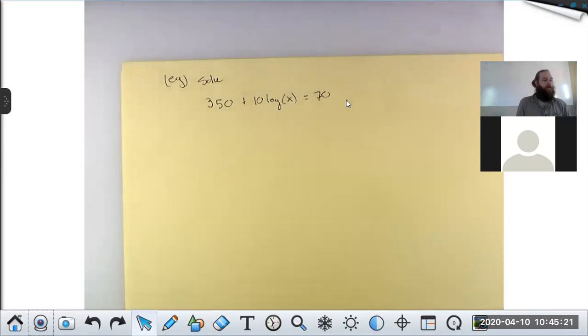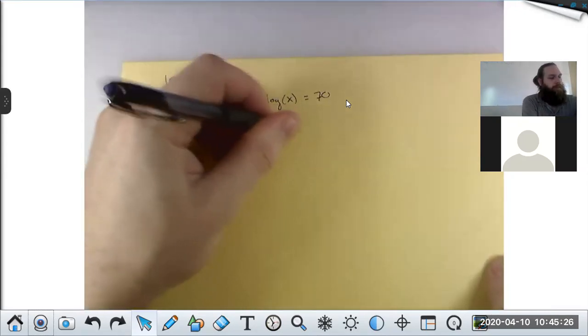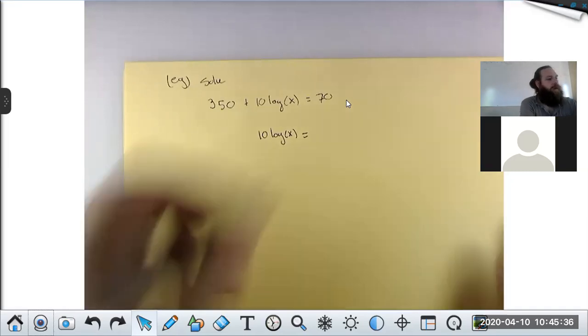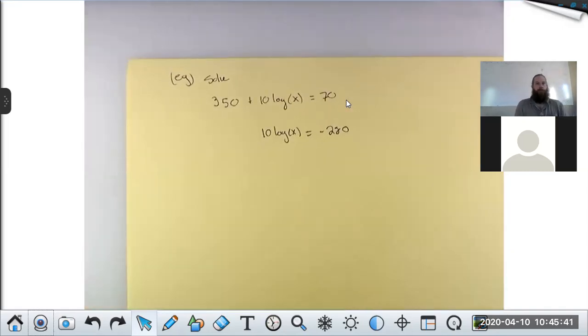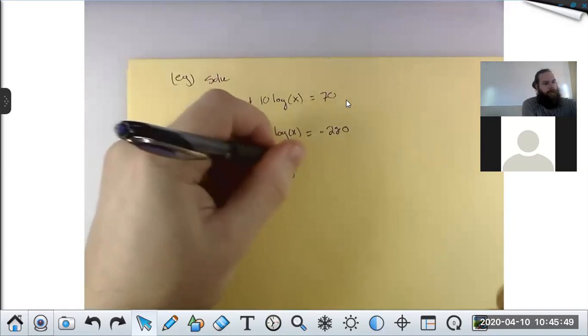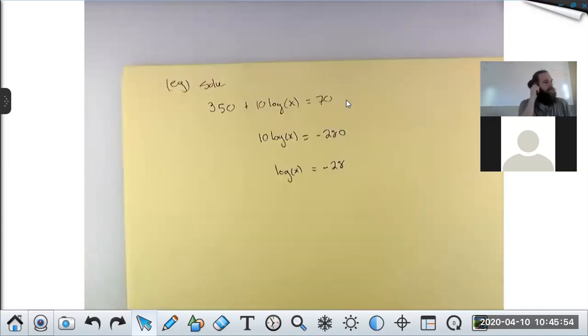So I'd start by subtracting 350 from both sides. 35 minus 7 is 28, so it's negative 280. And then I would divide both sides by 10 to get the log alone. So now I just have the log of x equals a constant. Negative 280 divided by 10 is negative 28.